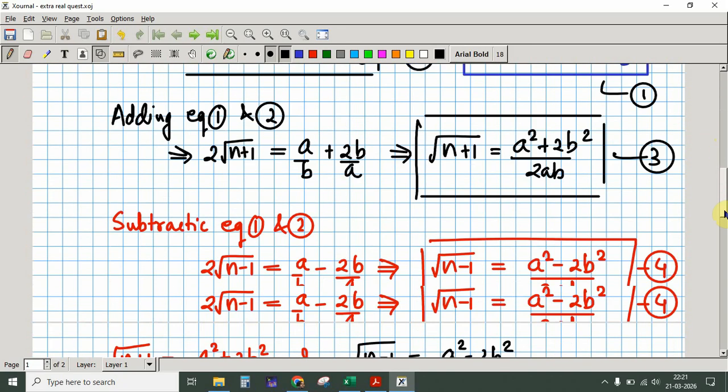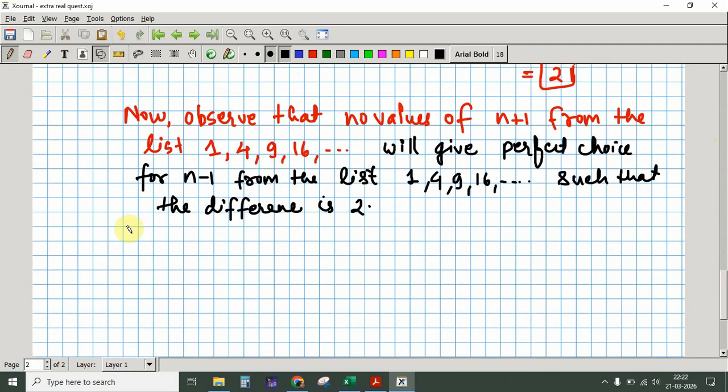Okay, which implies either of them is an irrational number.